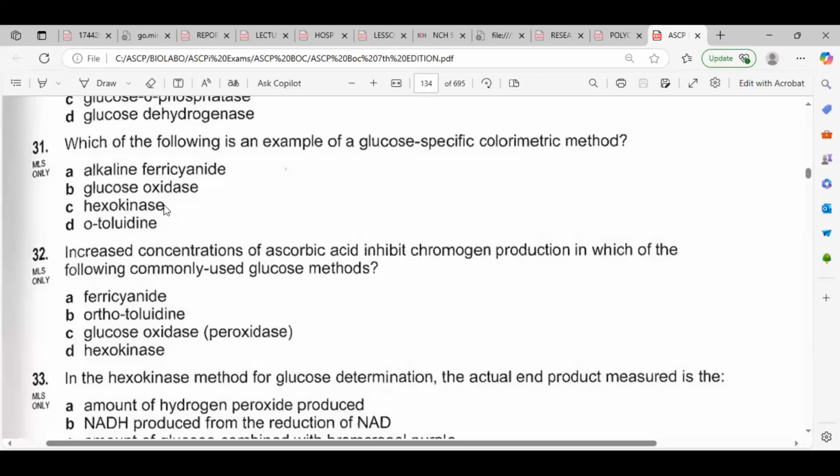Your concern is correct that here we just get a color, and what we're measuring is the intensity of the color by colorimeter, which is proportional to the concentration of glucose in terms of hydrogen peroxide, because hydrogen peroxide function is what produces the color.